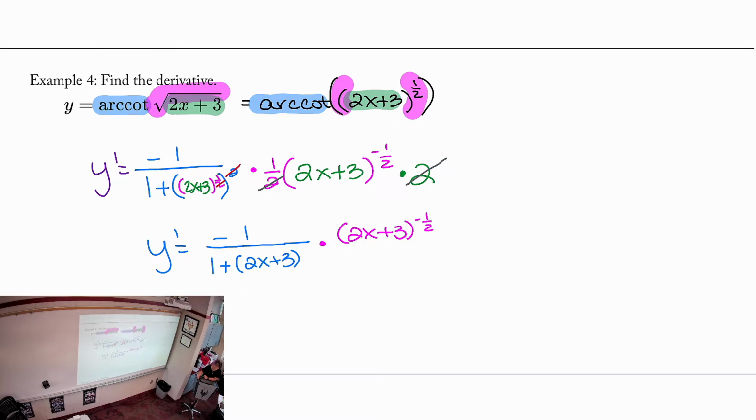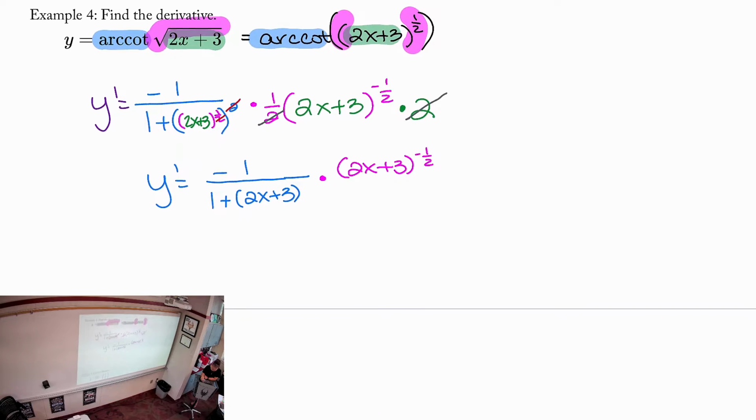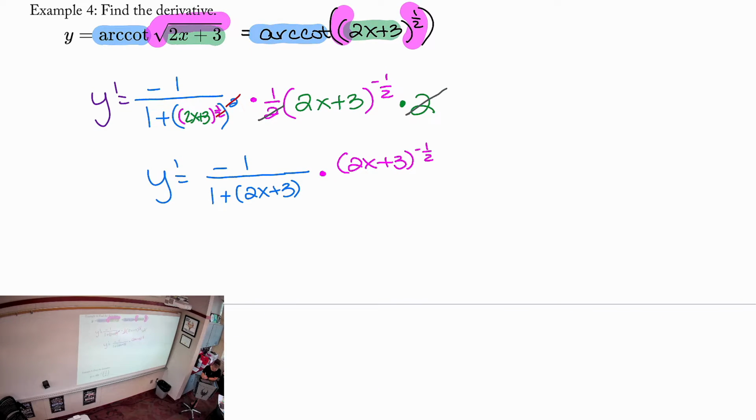It just ceased to be. You're still not done yet, because guess what? 1 plus 2x plus 3 gives me 2x plus 4.